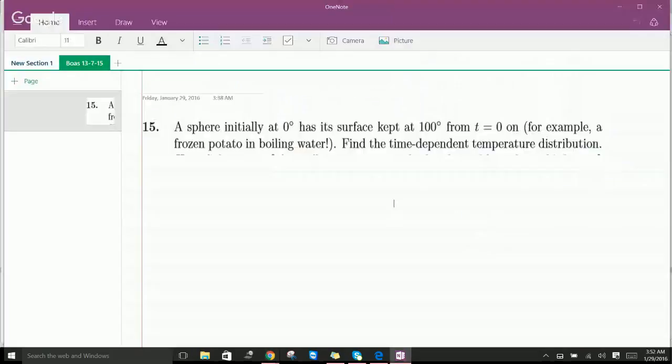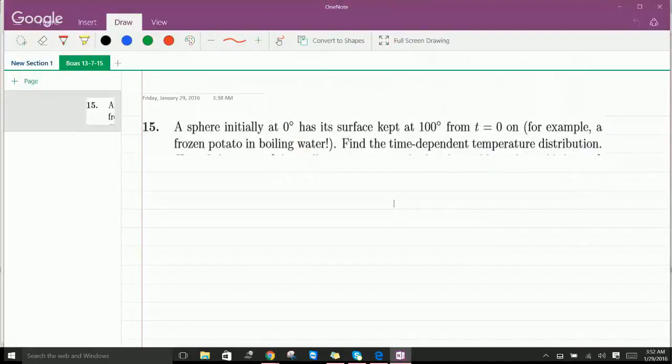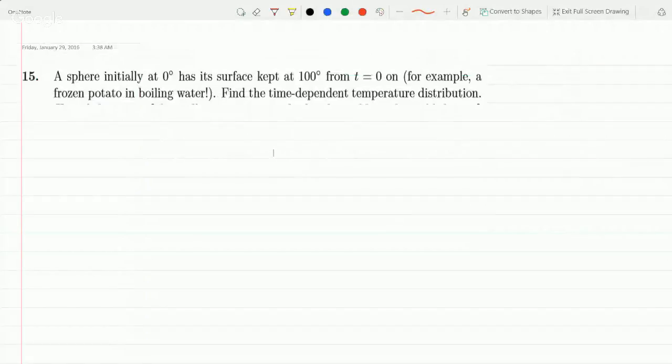Okay, so a sphere initially at 0 has its surface kept at 100 from t equals 0. We're going to find the time dependent temperature distribution, and so we are going to be solving the following differential equation.